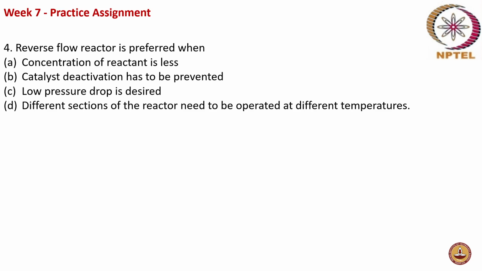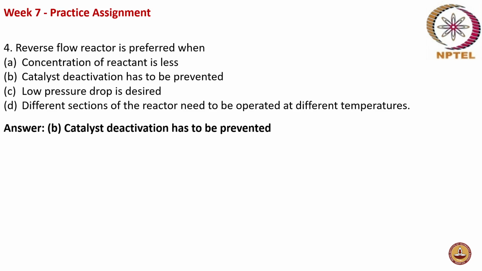So under which of these conditions is a reverse flow reactor preferred? The answer is catalyst deactivation. When catalyst deactivation has to be prevented, this reverse flow reactor is preferred.